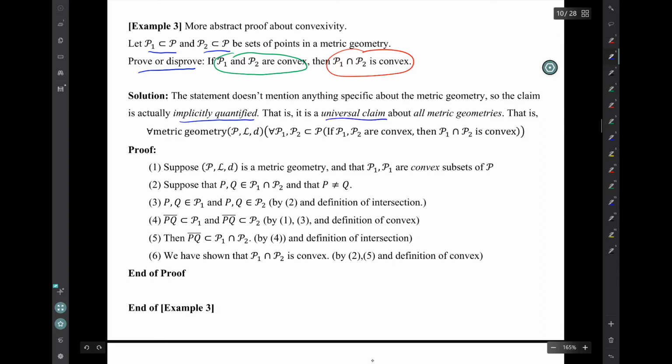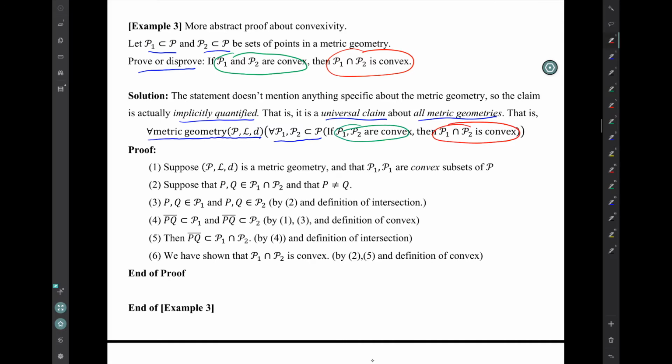That is, it's a universal claim about all metric geometries. So it really could be written with the quantifiers shown clearly in the following way. For every metric geometry, and for all sets P1 and P2 that are sets of points, if P1 and P2 are convex, then P1 intersection P2 is convex.